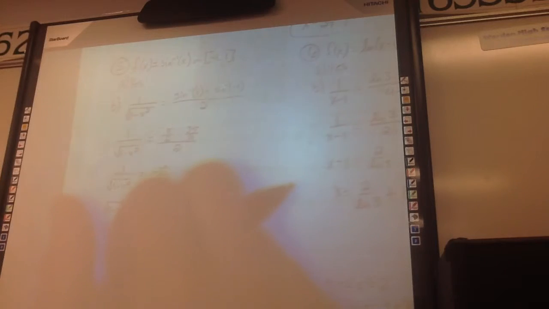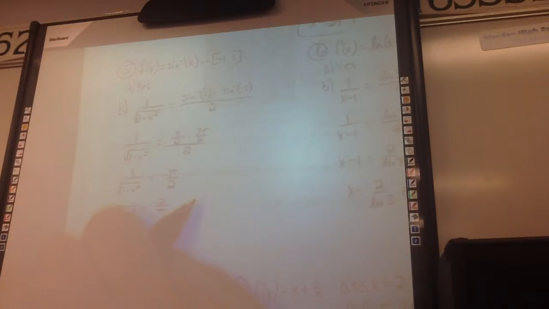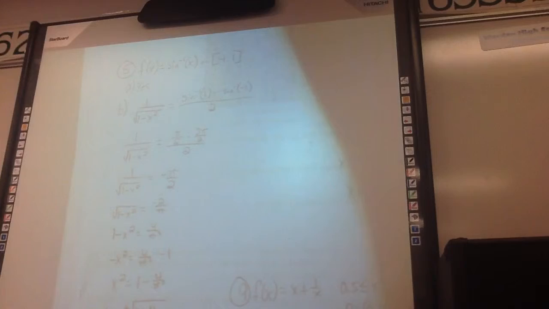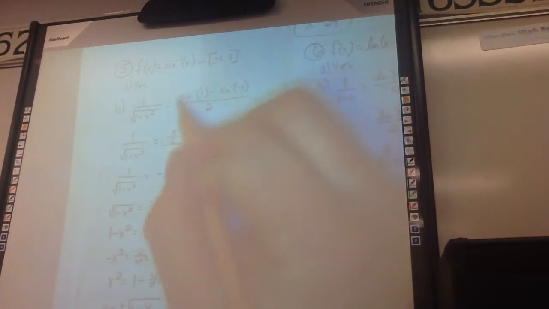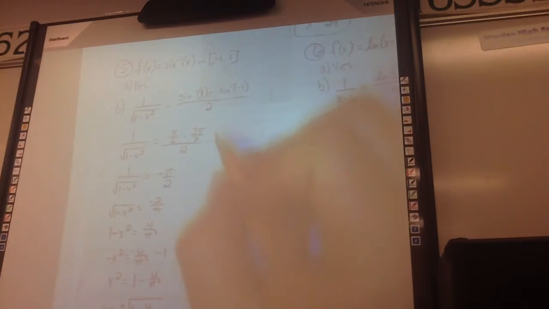Inverse sine of 1 is: what is the angle that gives you a 1 for the y value on the unit circle? Sine is y on the unit circle, right? So where does y equal 1? Right here.